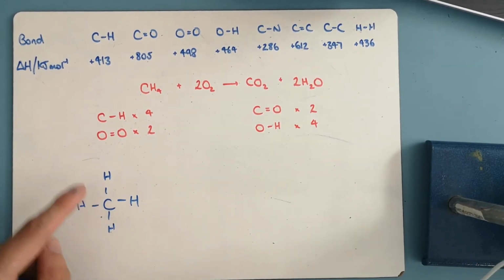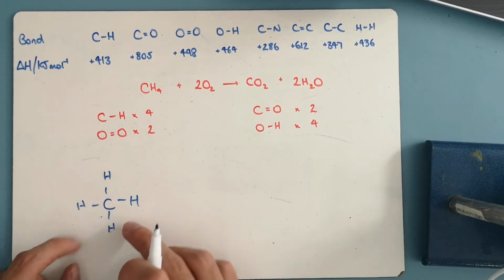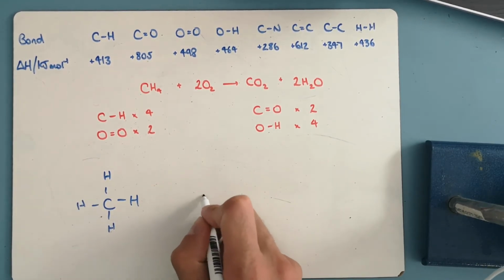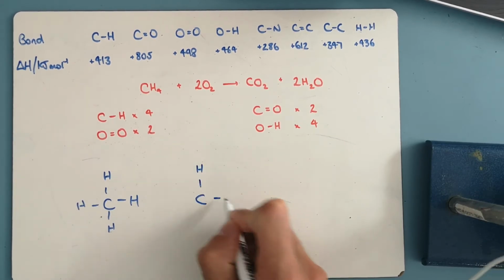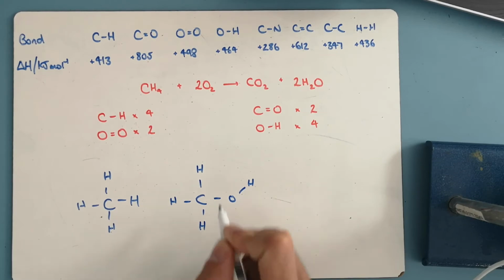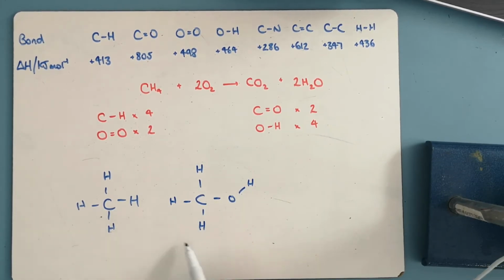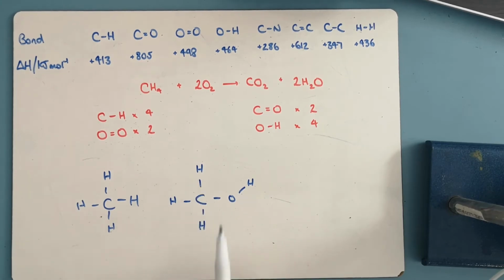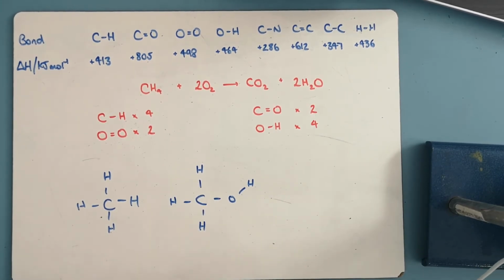Looks like that. We've got the C-H bond. The enthalpy in this bond will be affected by the three C-Hs around it. So this one, C-H bond, will be affected by the two C-Hs around it, but it's also affected by the OH. So it'll have a slightly different bond enthalpy.